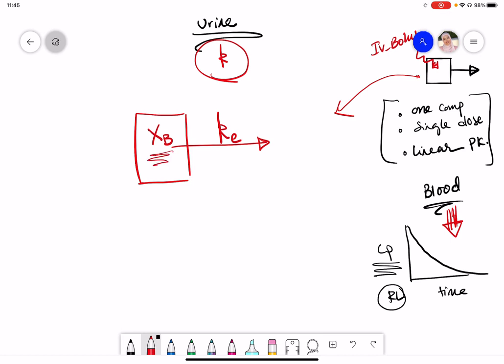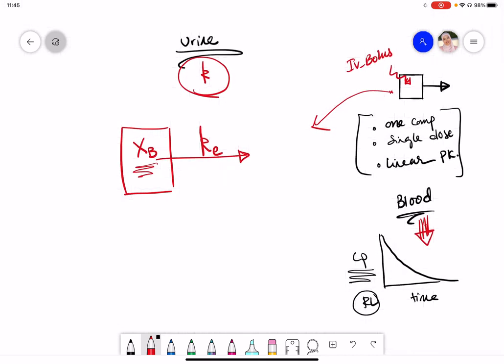If we remember, here we had the elimination rate constant, and under first order kinetics, this was excretion and metabolism, right? This is what we mentioned earlier. So we will talk about only what is happening through excretion to the urine.